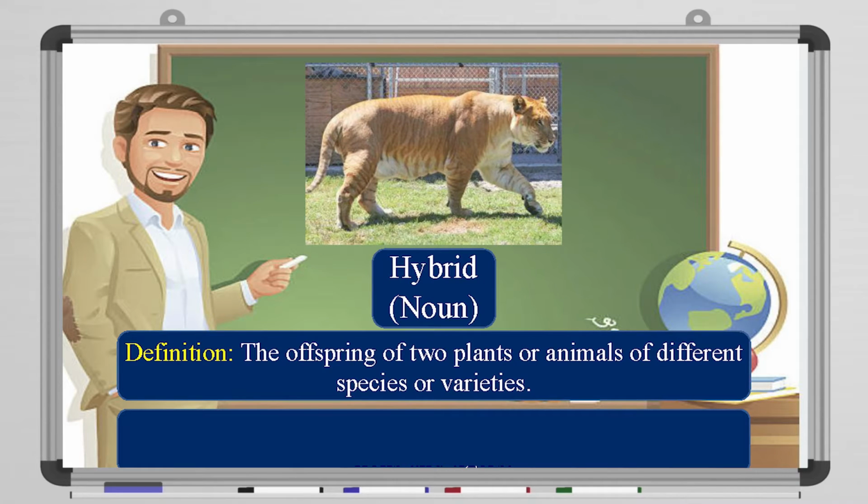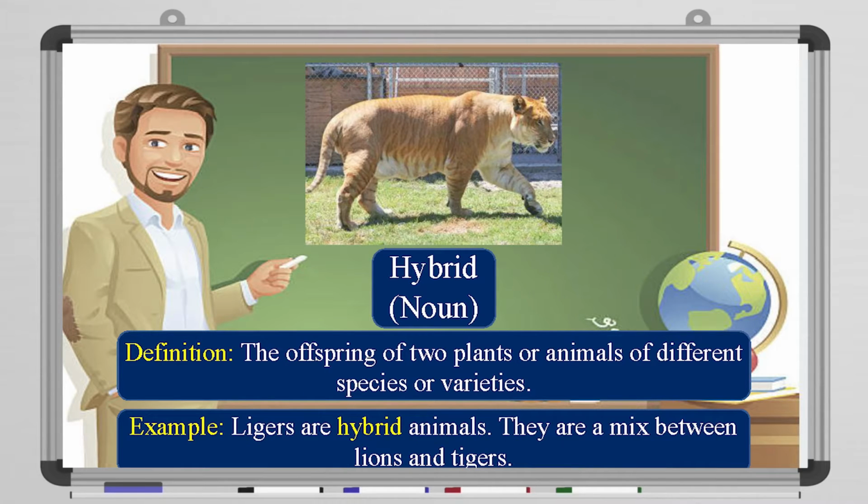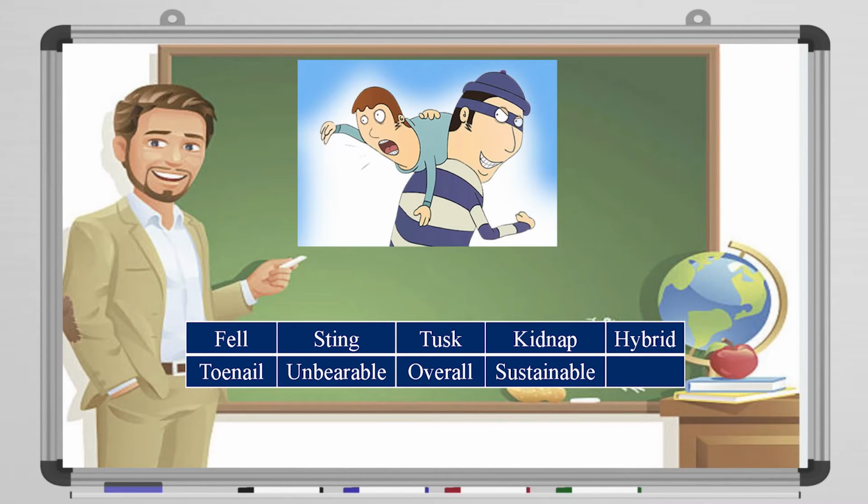So hybrid is a noun, and it is the offspring of two plants or animals of different species or varieties. Like the example in the picture, we have a lion and a tiger. They are different species, but they mix to bring the liger. So for example, ligers are hybrid animals. They are a mix between lions and tigers. Did you get that one? Let's look at the next.